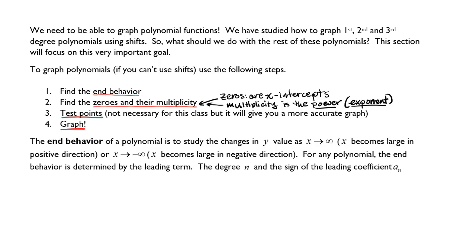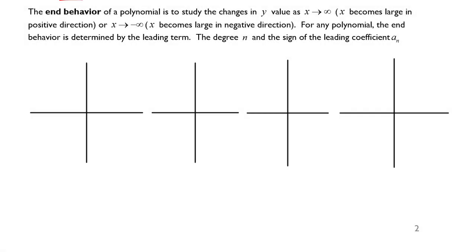For any polynomial, the end behavior is determined by the leading term. The degree n and the sign of the leading coefficient a sub n will tell us all we need to know about the end behavior, which is crazy that just that first term will be able to give us so much information.